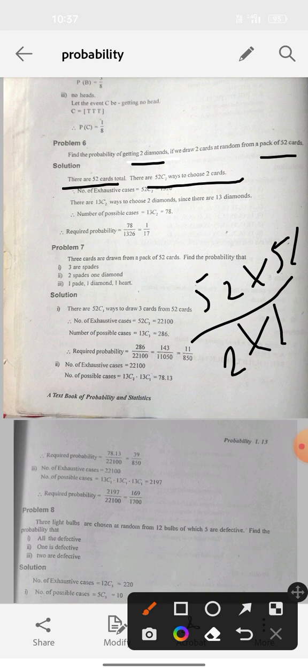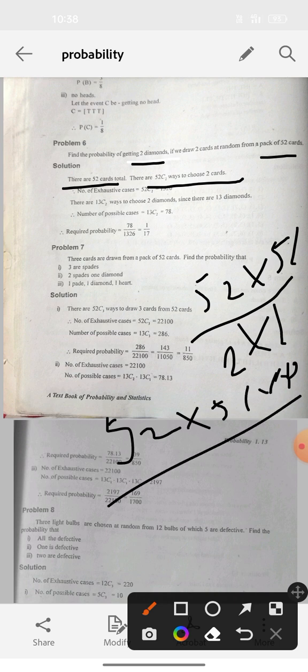If it is 52C3, then you will get 52 into 51 into 50 by 3 into 2 into 1. This is the way you have to find 52C3 or 52C2.